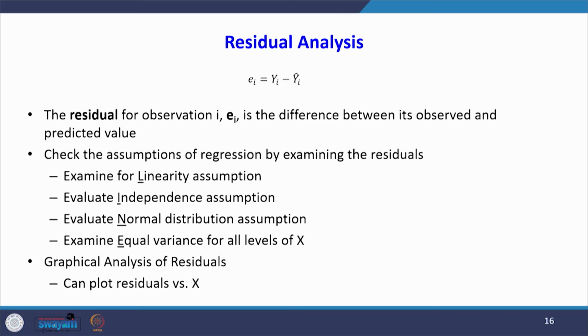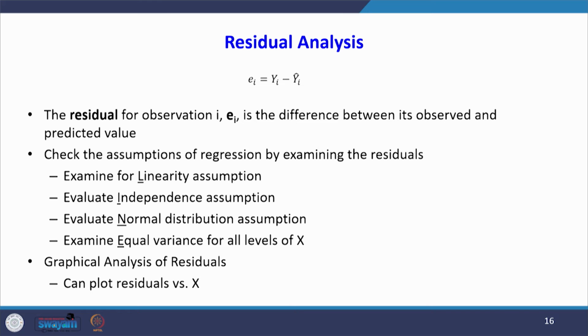Not only finding R square and the standard error is important. Apart from the standard error and the coefficient of determination, another way to judge the goodness of the model is residual analysis, that is, error analysis. Error is actual minus predicted value. The residual for observation i, e i, is the difference between its observed and predicted value.